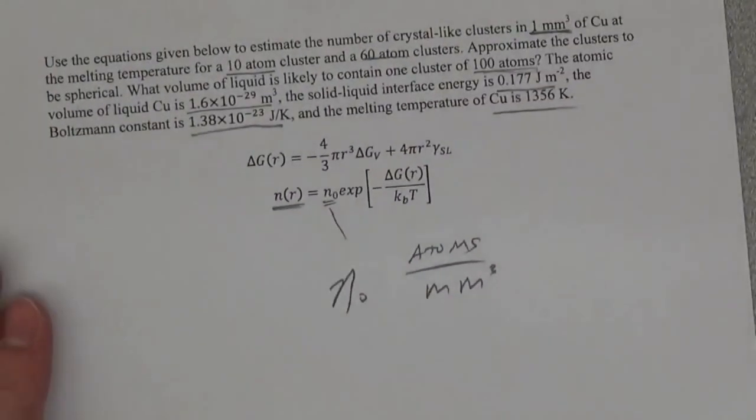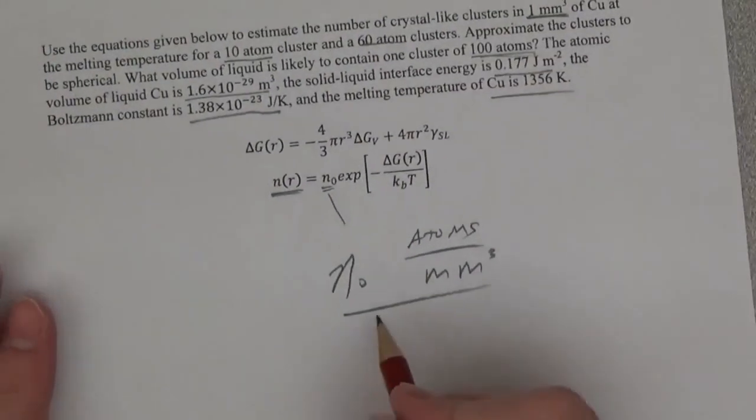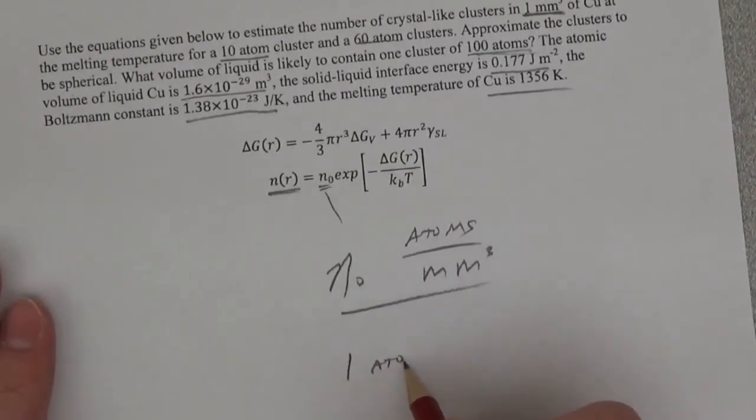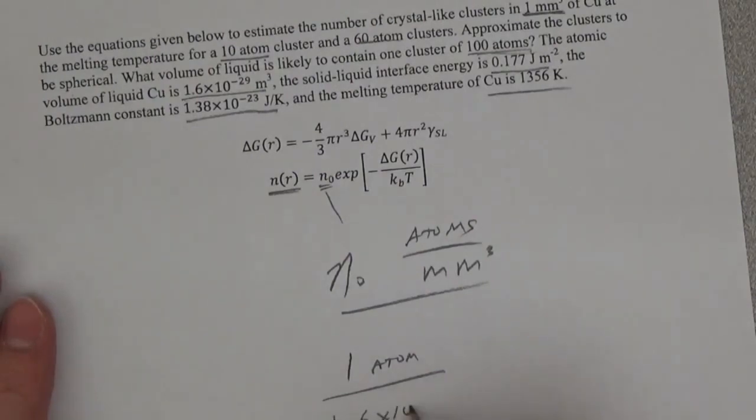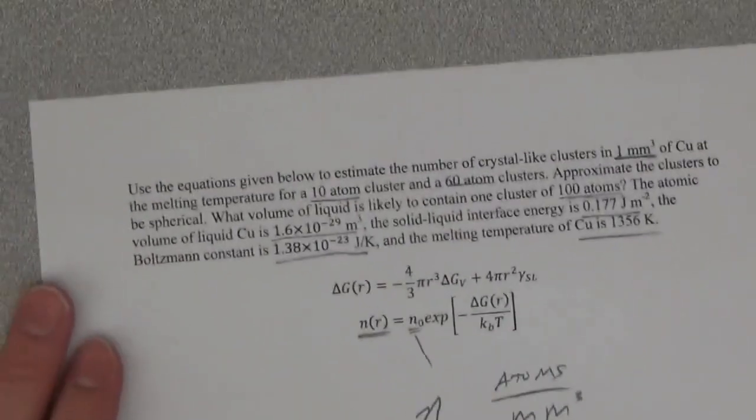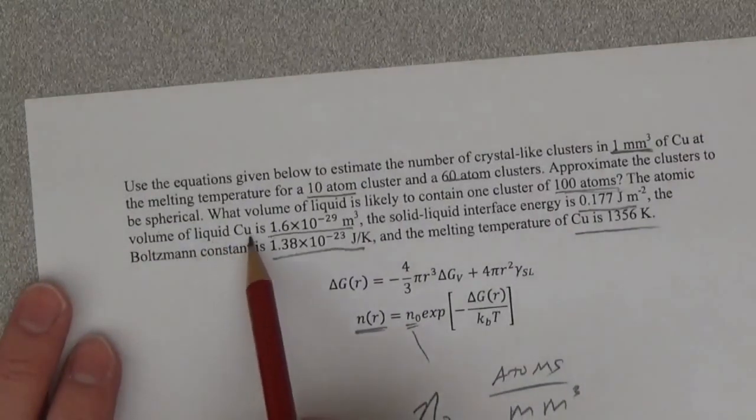But to do that, we have to use 1 atom per 1.6 times 10 to the minus 29 cubic meter, because you have the volume of liquid copper.